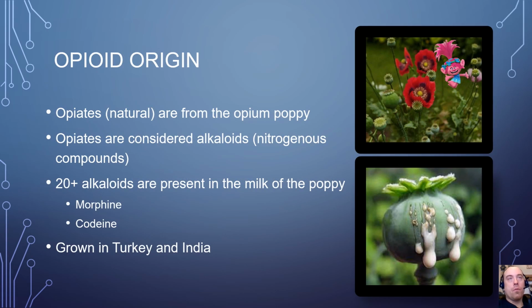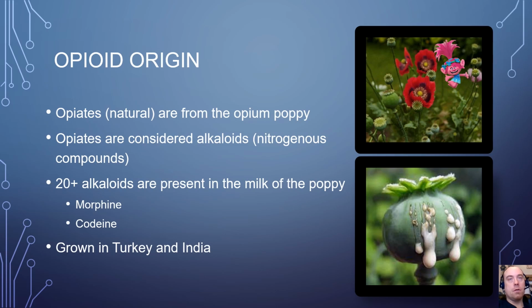So where do opioids come from? Originally, and still to this day, they're coming from the opium poppy. That's where we get natural opioids. It's also where we get a lot of our starting compounds for semi-synthetic opioid production. Opiates are considered alkaloids. That just means they have nitrogen in them, in the chemical structure.